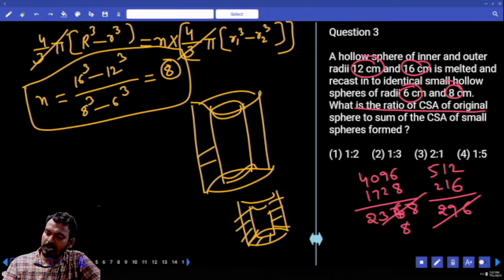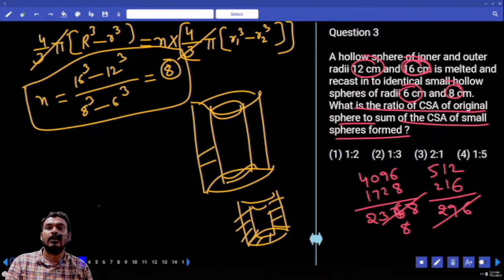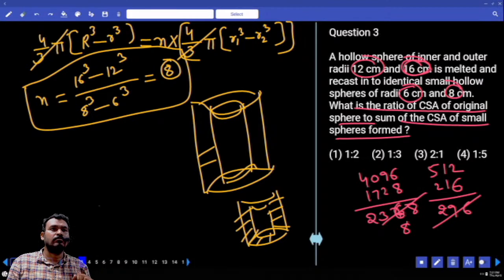And one more. What is the question here? What is the ratio of the curved surface area of the original sphere to the sum of the curved surface areas of the smaller spheres formed? First is the original surface area. Original surface area means outer diagram or inner diagram? Outer diagram, because the outer diagram is the actual diagram.